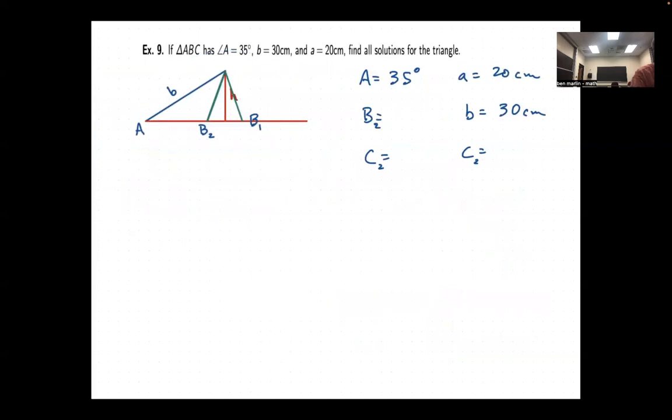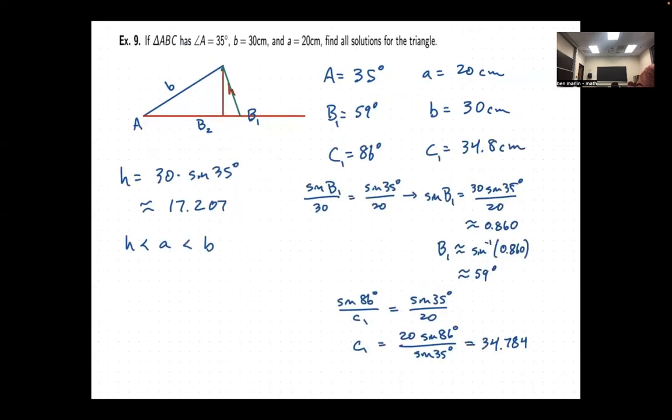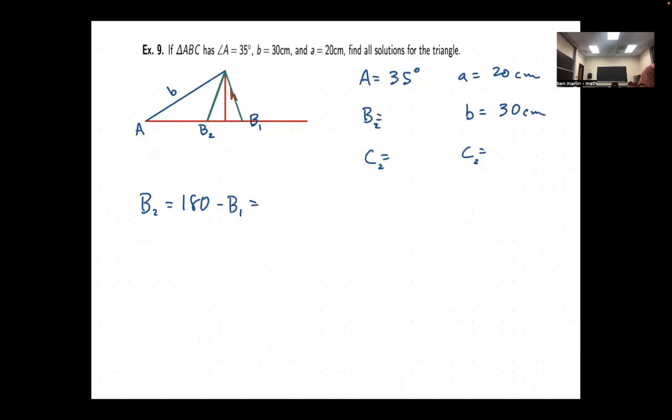All right. So the trick on this is that your B2 is going to be supplementary to your B1. So on the previous page, we found out B1 was 59 degrees. And so we'll end up with 121 degrees for our B2.